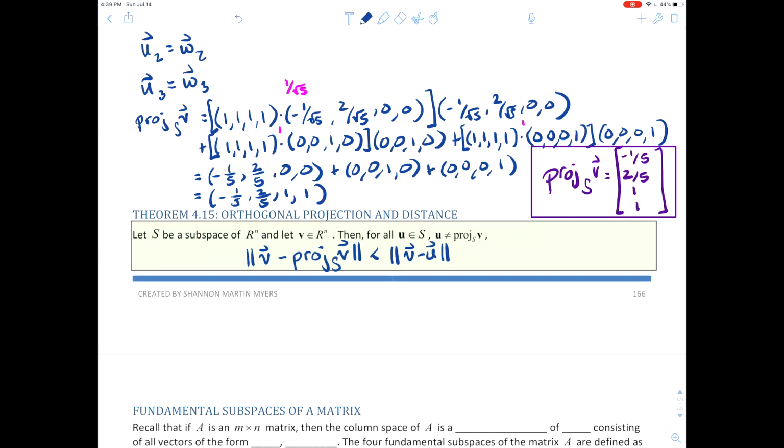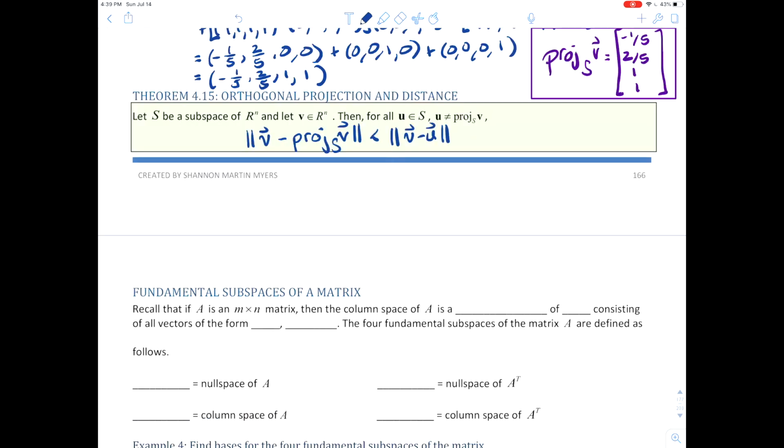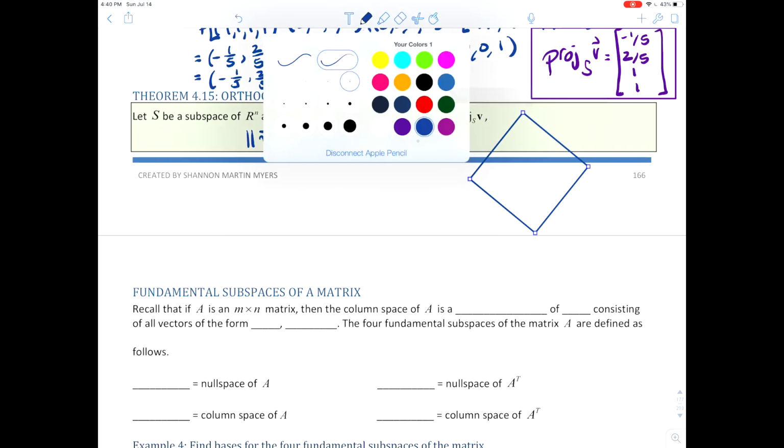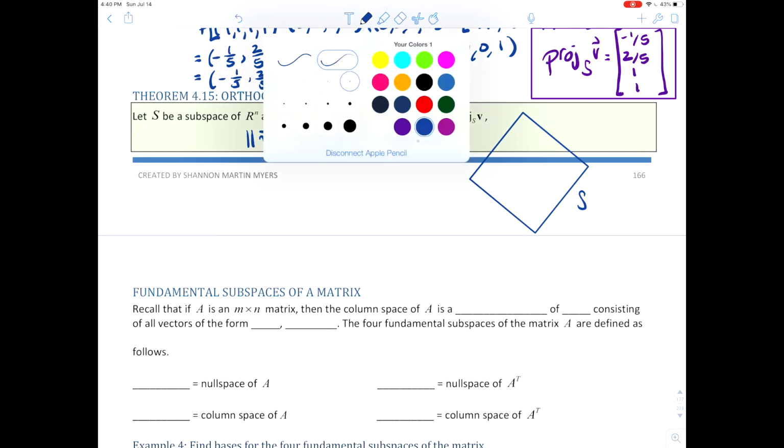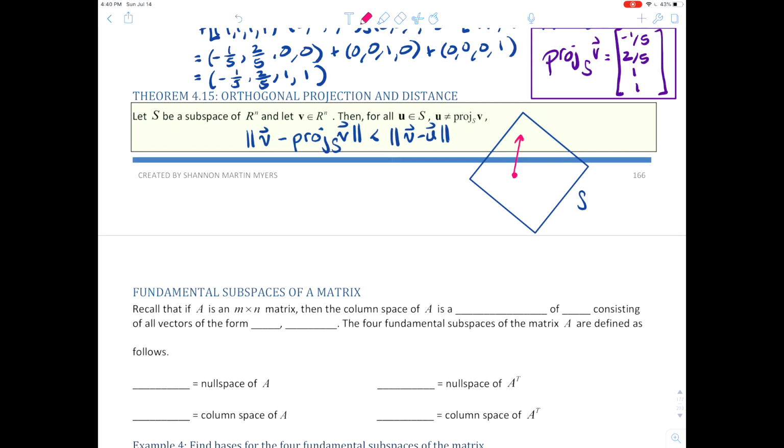Okay. So, if you look at it kind of like this, you've got this space S, okay? So this is our space S. And then you've got some vector V. So let's say that you've got this vector V. Well, the orthogonal projection of the vector V onto the space S is going to look something like this.